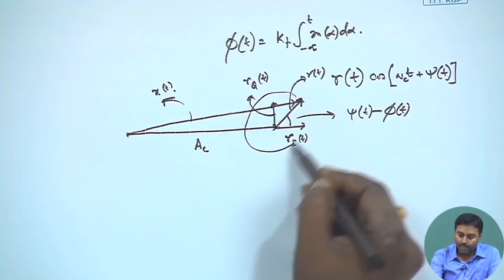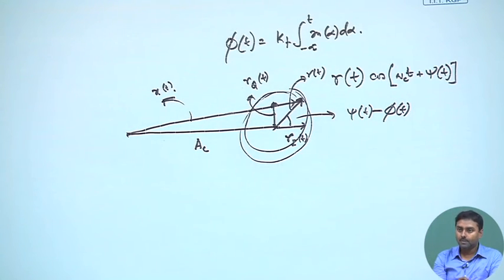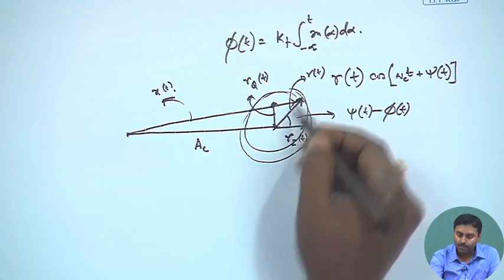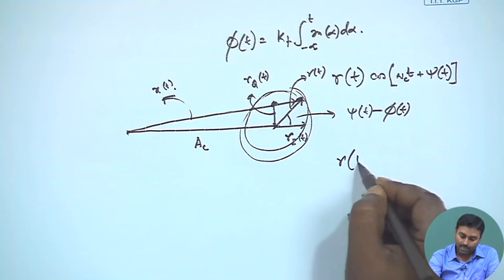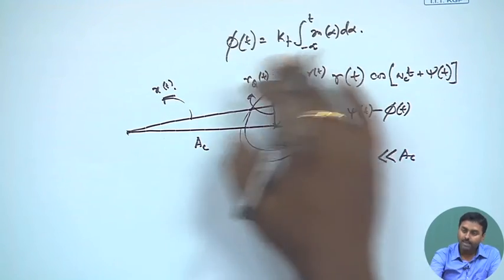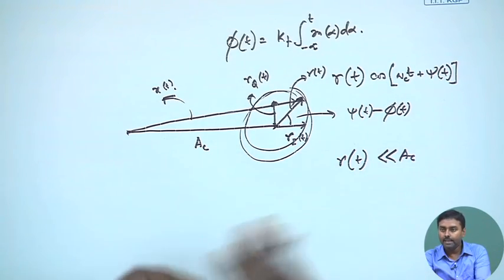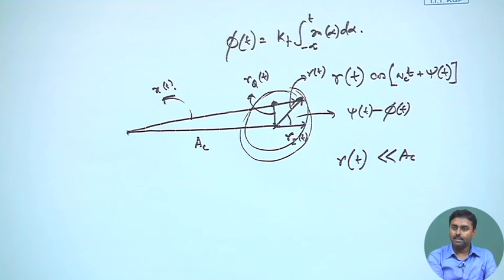It may wander within this circle, and the amplitude might become slightly bigger or smaller, but as long as R t is much lesser than AC, wherever they wander, they will remain very close to this particular point, x t. They might wander around, but they will remain over there.